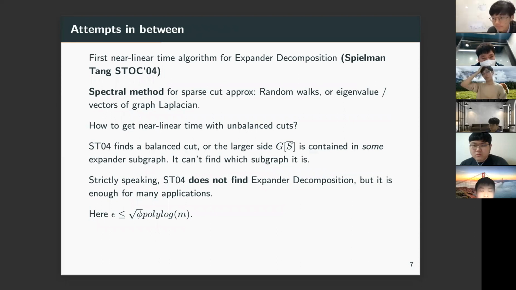So it avoids recursing at that point. If you have an unbalanced decomposition like this, then you know that this larger part is contained in some expander subgraph.